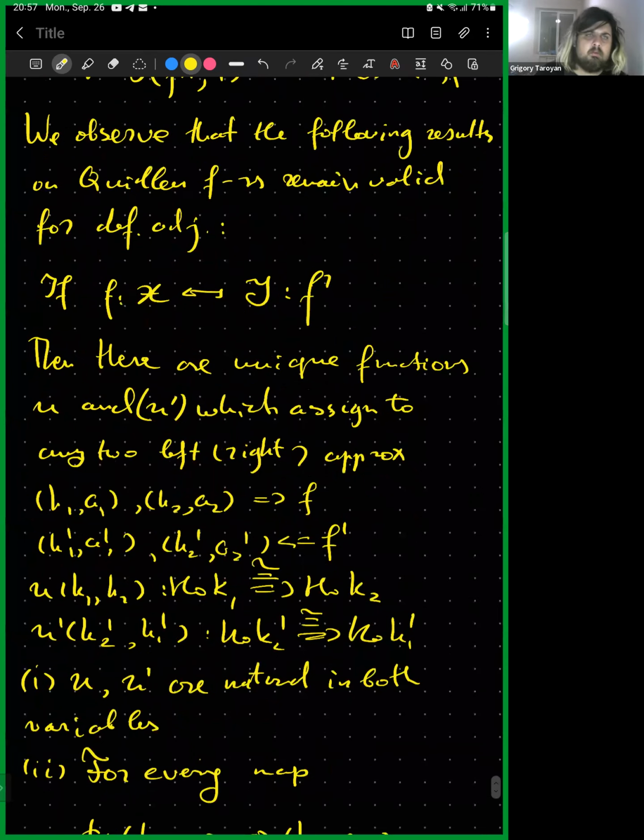Okay, so going back to deformable partial adjunctions, to deformable adjunctions.